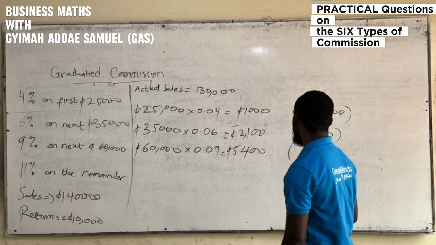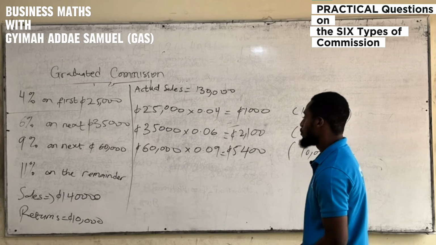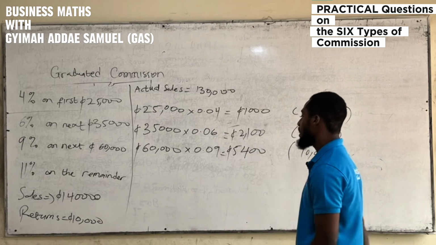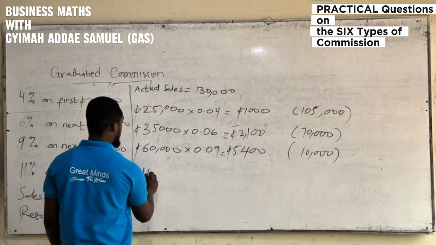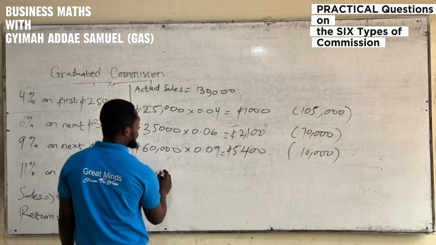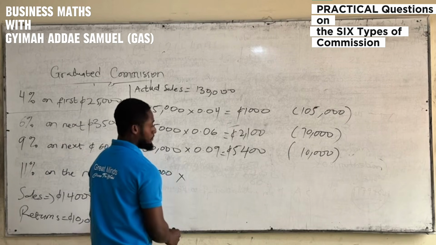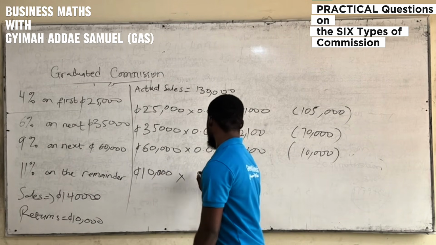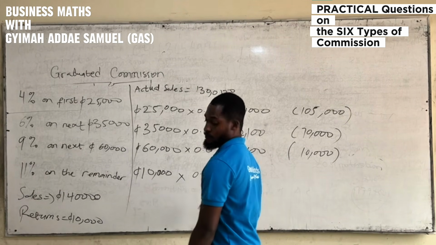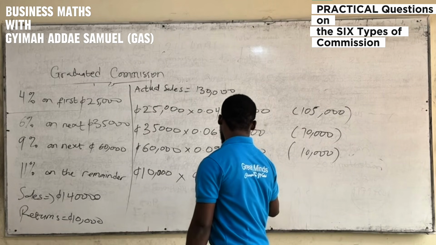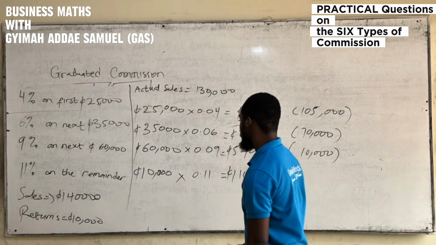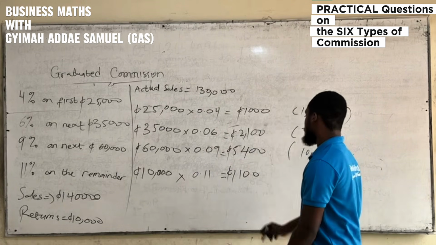So now the remaining is 10,000 Ghana cedis. So we find 11% on the remainder. So we have to find 11% of the 10,000 Ghana cedis. So we get 1,100. So 11% of the 10,000 is 1,100.